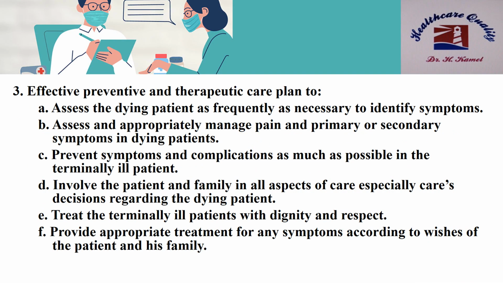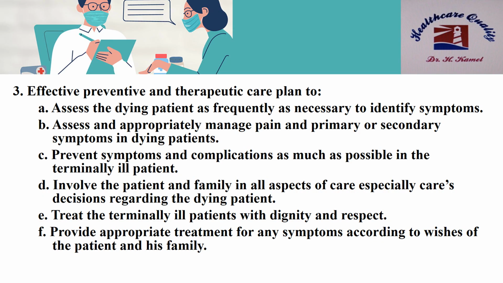3. Effective preventive and therapeutic care plan. Assess the dying patient as frequently as necessary to identify symptoms. Assess and appropriately manage pain and primary or secondary symptoms in dying patients. Prevent symptoms and complications as much as possible in the terminally ill patient.